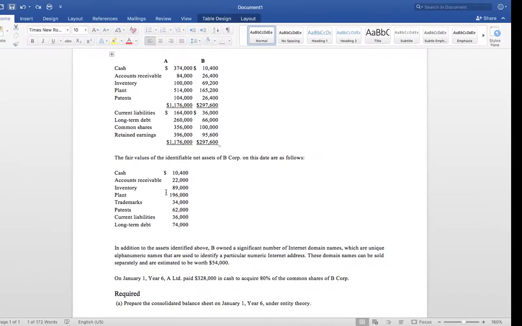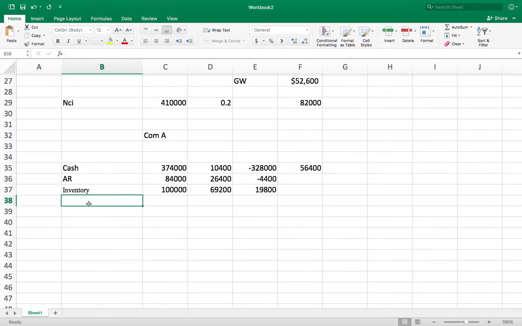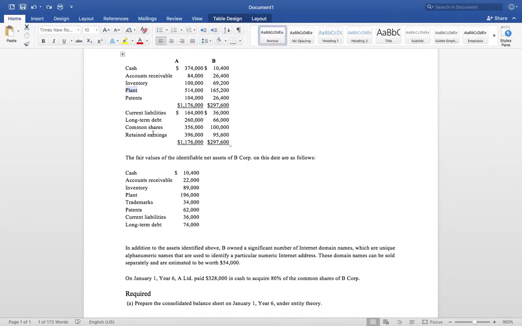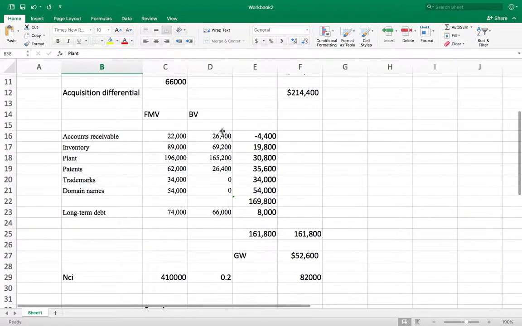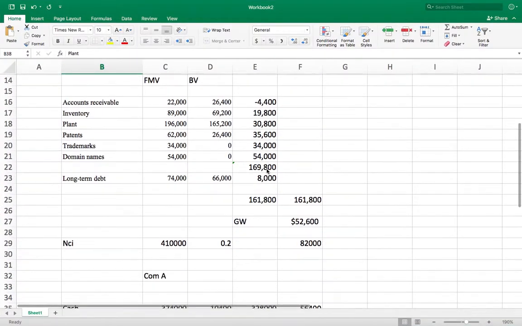Next thing we have is plant. Plant is 514,000 plus 165,200, and also the difference between these two was 30,800. So we're gonna add all of them.